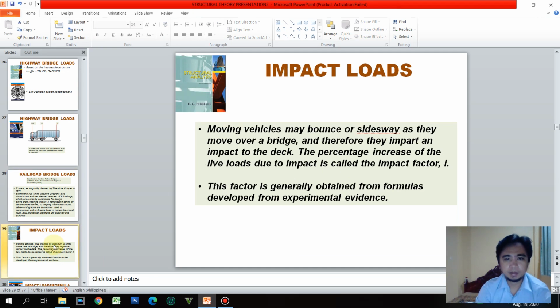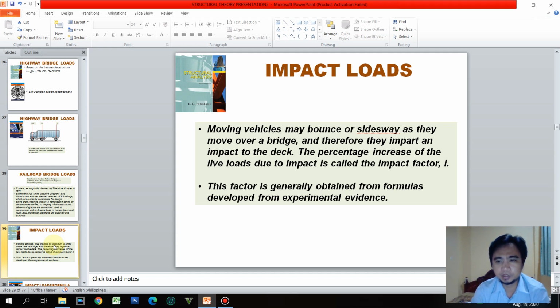Okay, so impact loads is another type of loading. Usually these are applied in bridges wherein moving vehicles may tend to bounce or sidesway as they move over a bridge, and therefore they impart an impact to the deck.